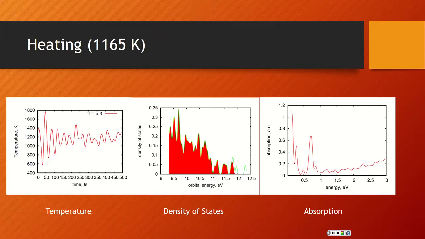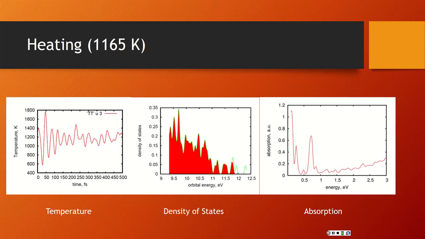And after that, I heated just the PN junction, and I ran molecular dynamics. This plot right here is just the temperature plotted as a function of time. There are some oscillations, but the fact that they all oscillate around an average of 1165 Kelvin indicates that it's in thermal equilibrium.